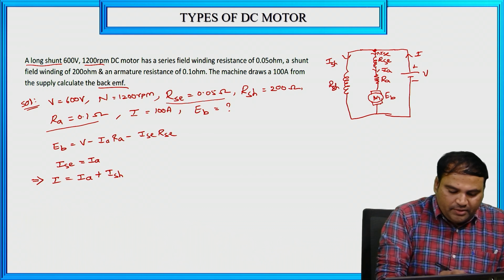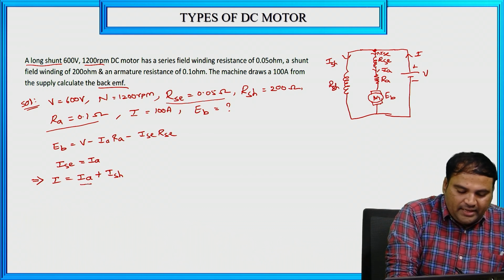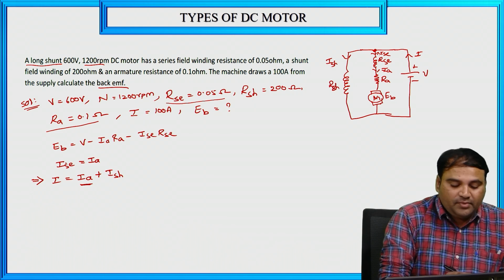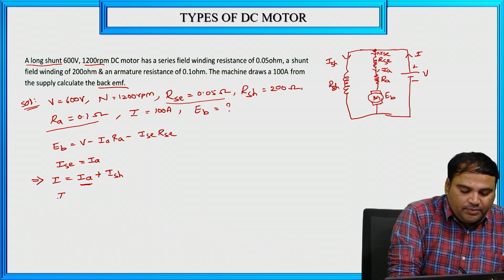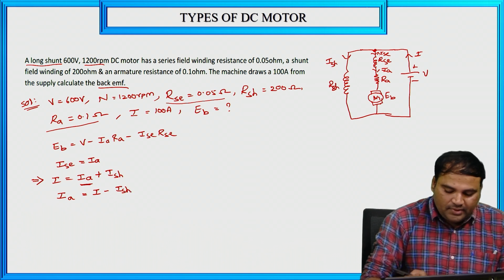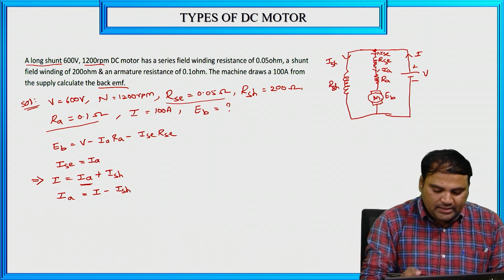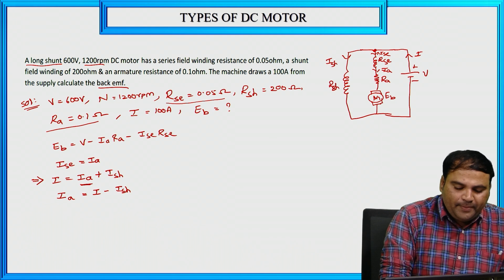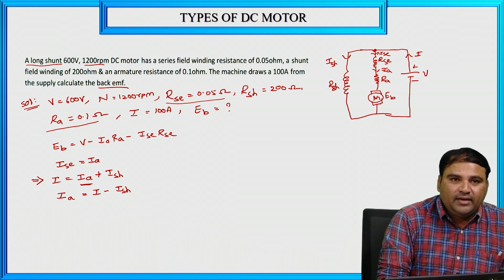So now we need to calculate the IA value. If we can calculate IA, we will get ISC also. So IA equal to I minus ISH, where we need to calculate the ISH value.